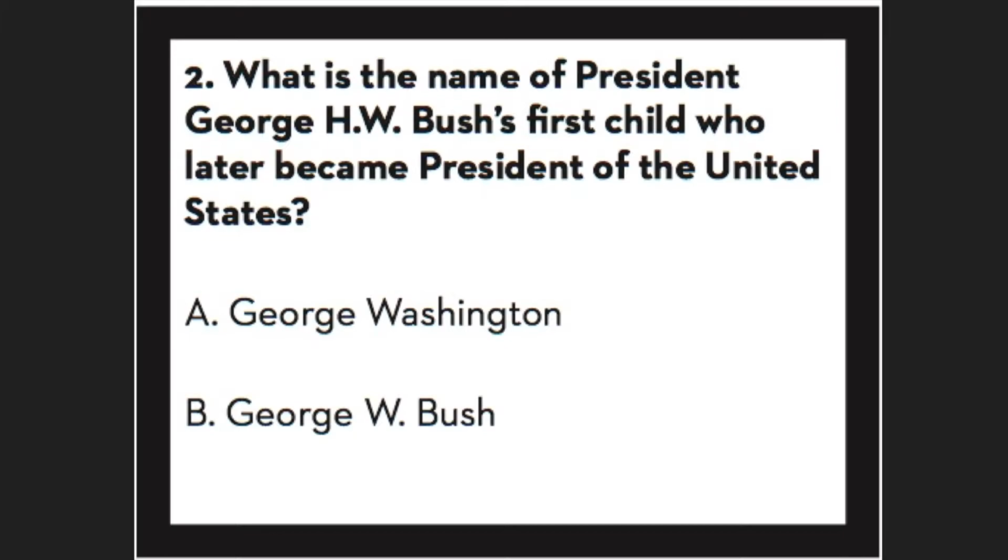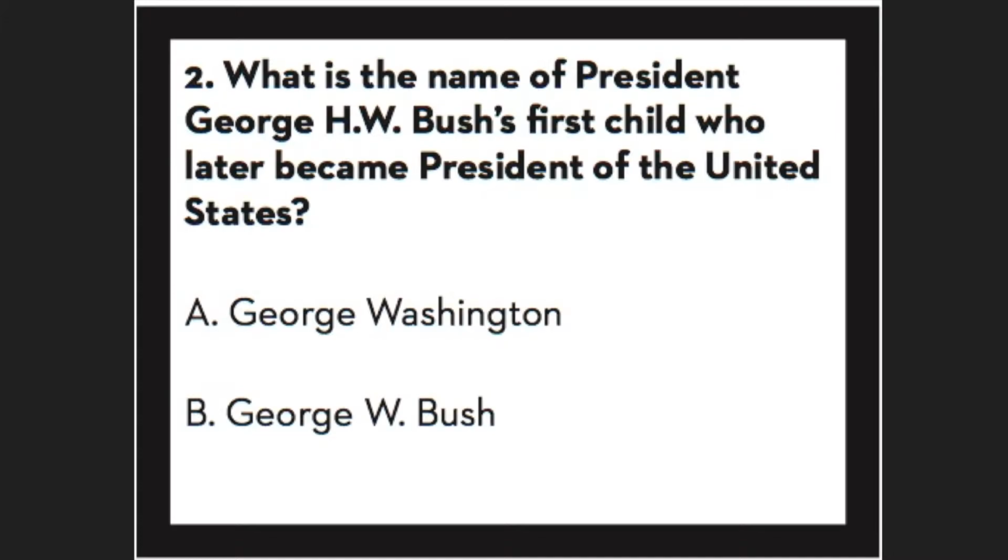We can do this. What is the name of President George H.W. Bush's first child, who later became President of the United States? A. George Washington or B. George W. Bush?